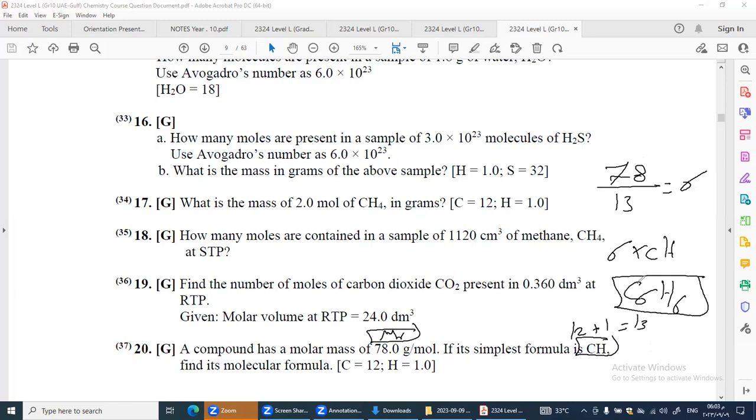Let me explain again. ايه اللي بيحصل هنا؟ هو بيقول لك compound has molar mass. دي مختلفة شوية عن دول. Compound has a molar mass of 78. طيب ده الام ار. At simplest formula CH. Find the molecular formula. To get the molecular formula equal molar mass over empirical mass.